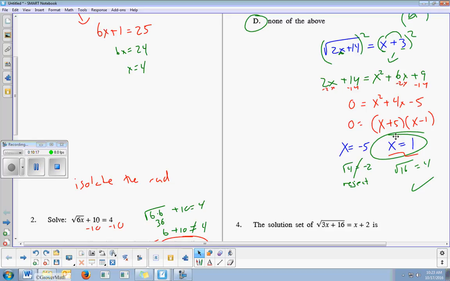It may require some factoring, but whatever solutions you get, you got to check them. And if you end up with a square root equal to a negative or something that doesn't make sense, like 16 equals 4, then you got to reject that answer. And it's very common for that to happen. Sometimes both of them do work, so don't make that assumption that one rejects. Sometimes both of them do work, and sometimes a negative x works, but you need to check it to make sure.